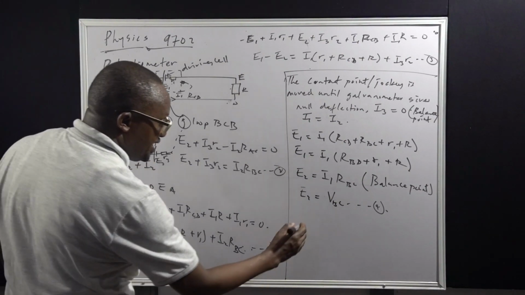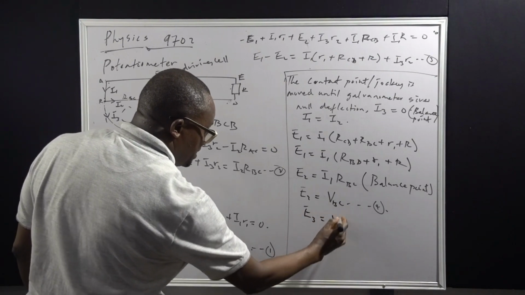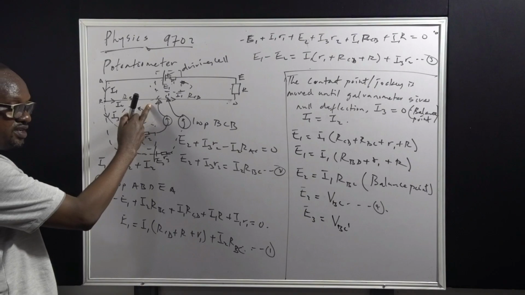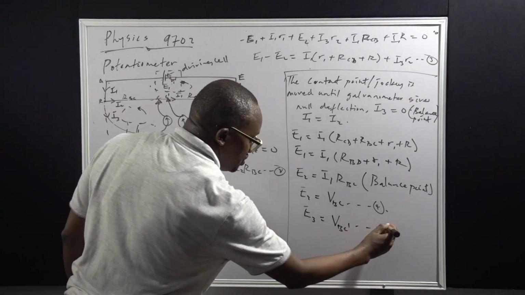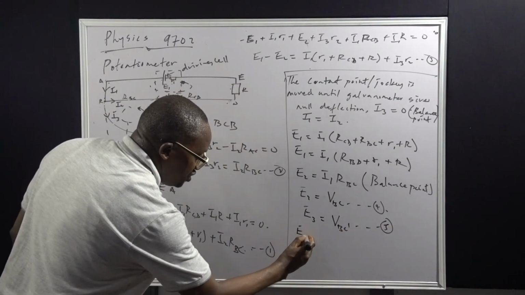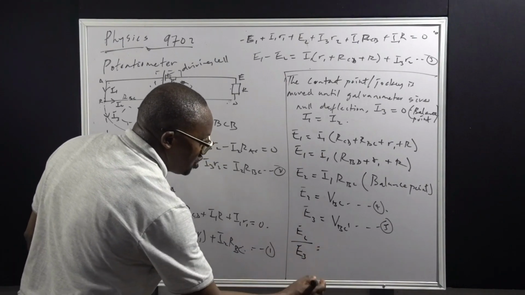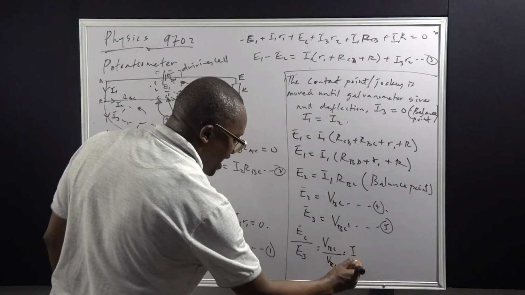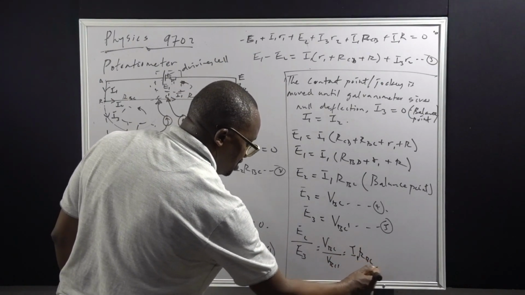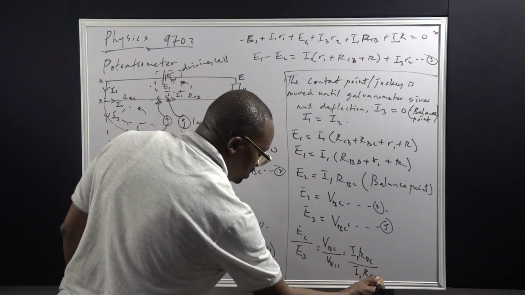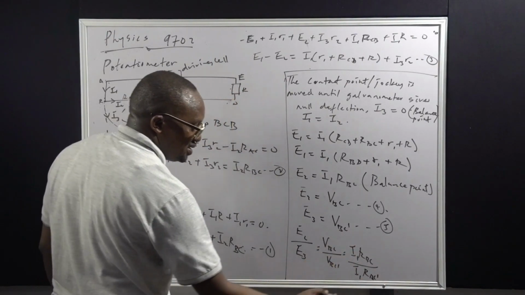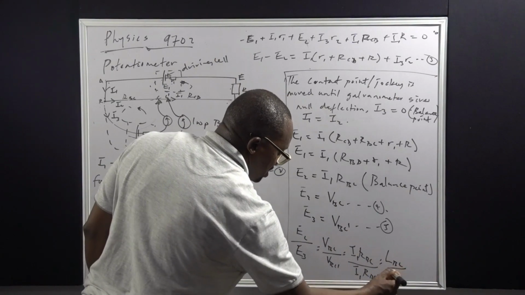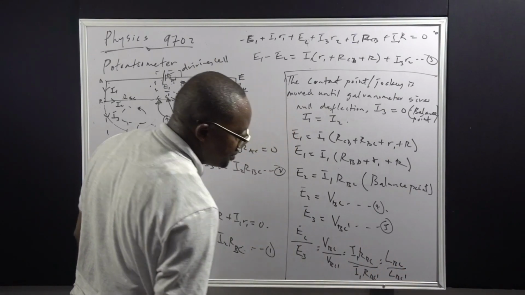So I can also say that E3 is equal to PD across BC prime, where this other galvanometer gives a null deflection. And I can now find the ratio. That is E2 over E3 is equal to PD across BC over PD across BC prime, which is equal to I1 resistance of BC over I1 resistance of BC prime. Current can take current, and resistance is proportional to length. Length of BC over length of BC prime.